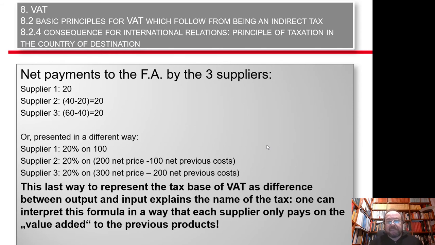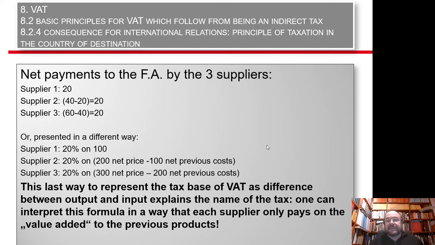You can even represent the same calculation in a slightly different way. Supplier 1 pays 20% on 100. Supplier 2 pays 20% on the difference between 200 minus 100, the costs of the goods which were acquired from others. Supplier 3 pays 20% on the difference between 300 and the goods bought from others, 200.